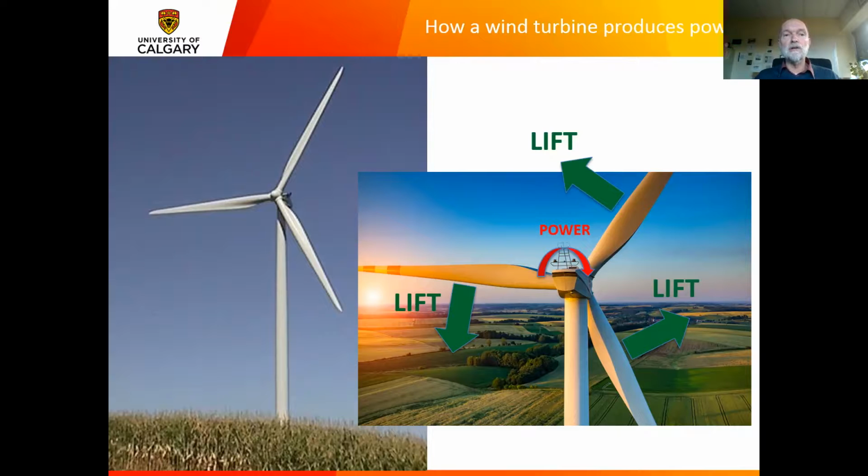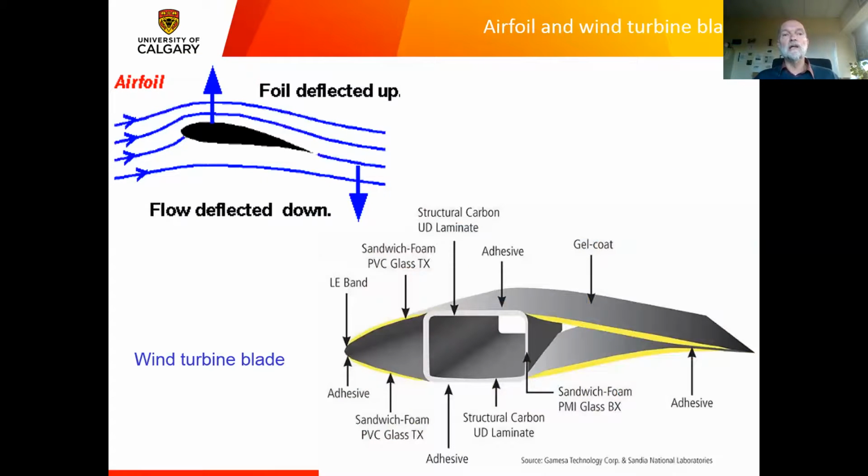And if you look at, on the next slide, a diagram on the top left about an airfoil, the purpose of the airfoil is to produce a lift, the blue arrow acting upwards on that slide. The airflow over that airfoil gets deflected down, and there's a lift on that airfoil.